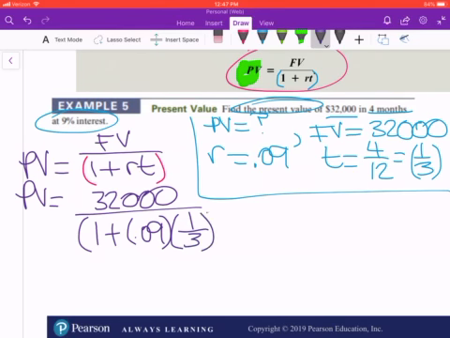And then we close the parentheses again. So remember, this parentheses and this parentheses are to enclose the denominator in this case. And of course, the fraction, you could just use the division key.